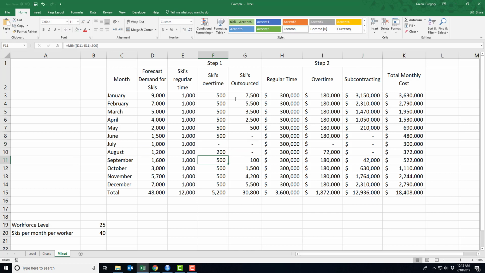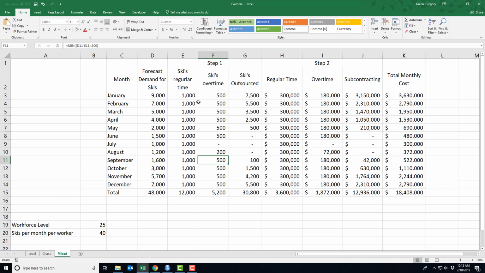Then I have these other minimums as well. So again, what am I doing? I've got 1,000 skis I can produce using regular time, but I have a shortfall here. That's the D3 minus E3. There's 8,000 skis I need to produce, but 500 is the most that I could ever produce. And is 500 less than 8,000? The answer is yes. So I'm maxing out my overtime in each of these time periods until I get down to July and August.